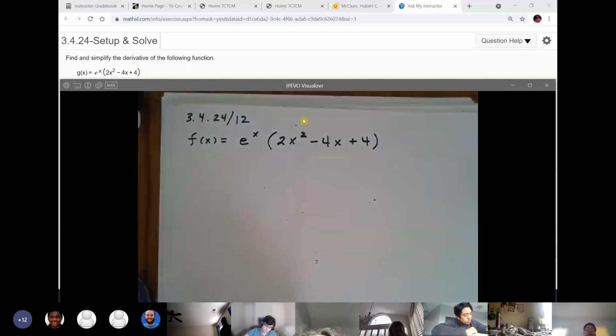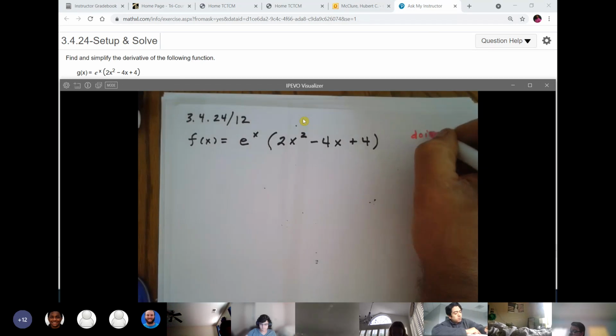Now you could distribute that e to the x, but it's not going to help you. So doing the algebra first here doesn't really help you. Somebody needs to write that in red in your notes, because it's not going to help you to do the algebra first.